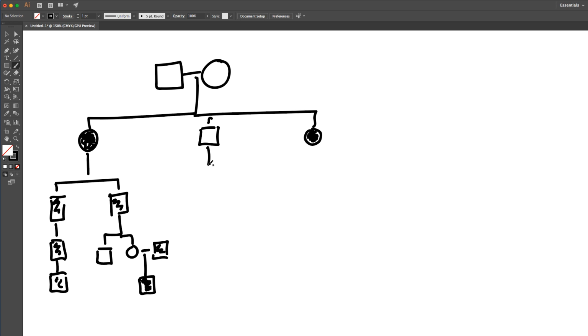This son had a son who's afflicted, and he had a son that was afflicted and a daughter who was afflicted. And this son married an unafflicted woman, and they had an afflicted daughter.